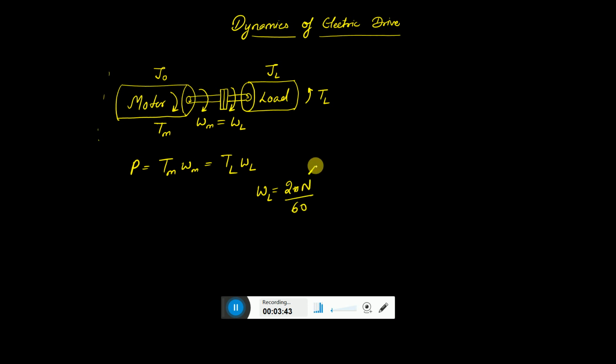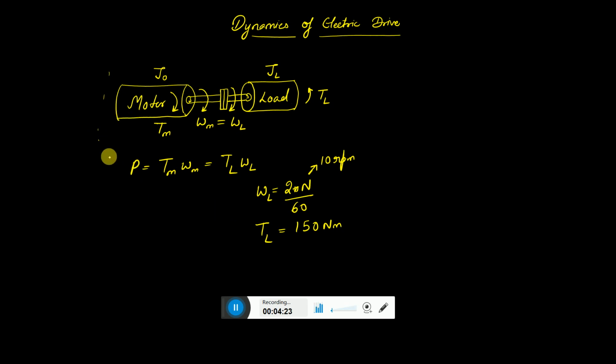Let us say the required value of n is 10 rpm, and there is a very heavy load to be driven and high torque is required, let us say TL is equal to 150 Newton meter. Now I may not have a motor which has the same rating, n value of 10 rpm and TL value of 150 Newton meter.